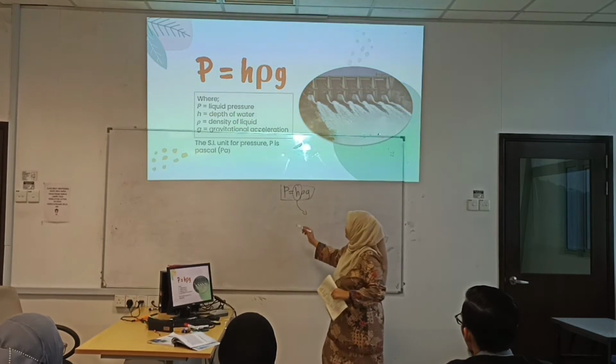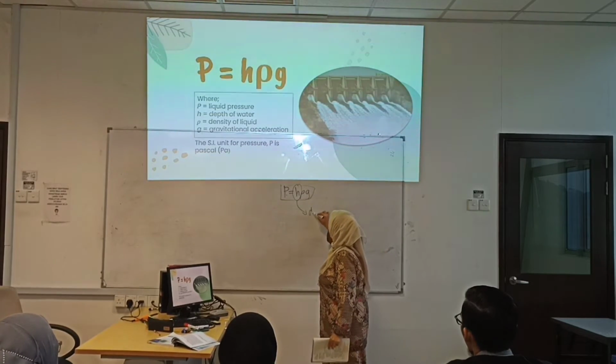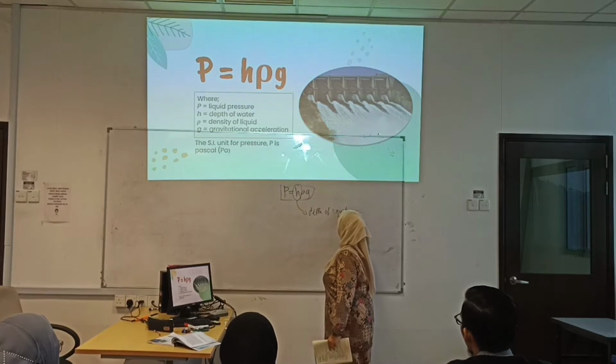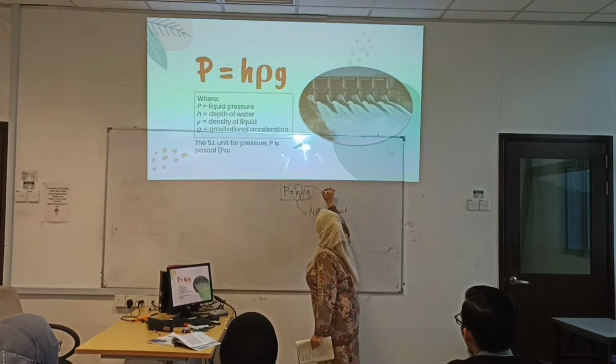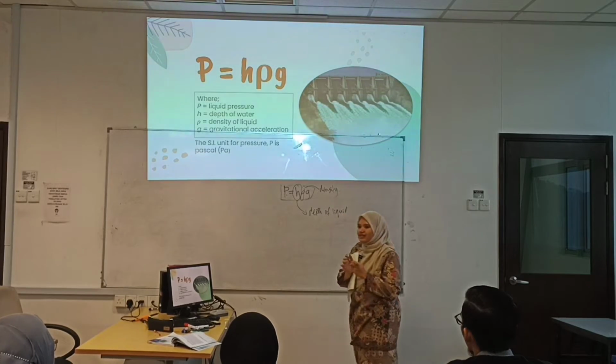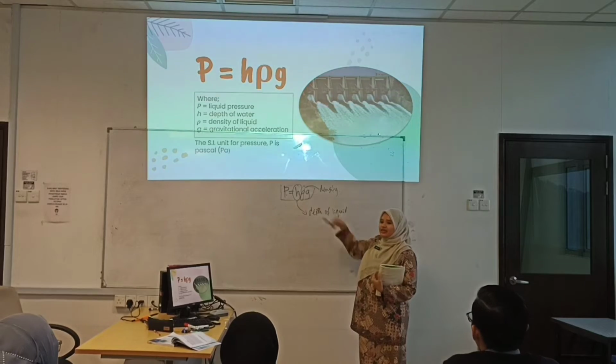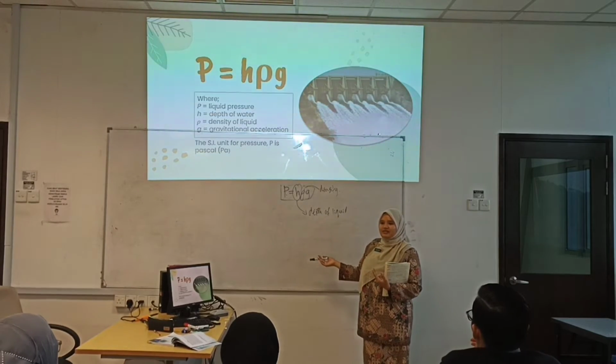From the formula, you can know the factor affecting pressure: the depth of the liquid, and then density. So these two are the factors that affect the pressure. Why does G not affect the pressure?